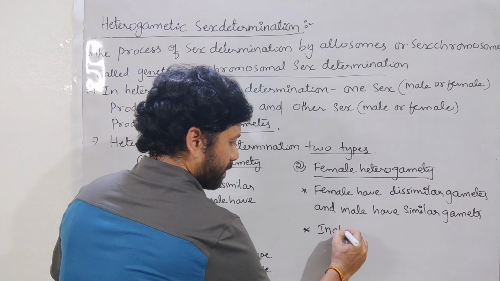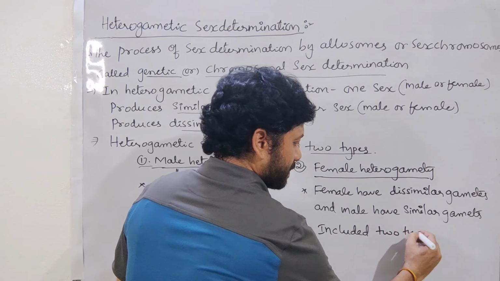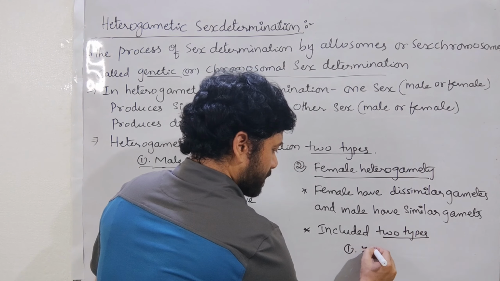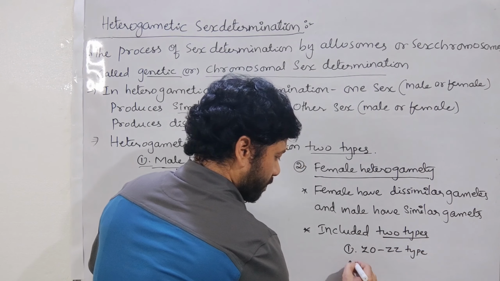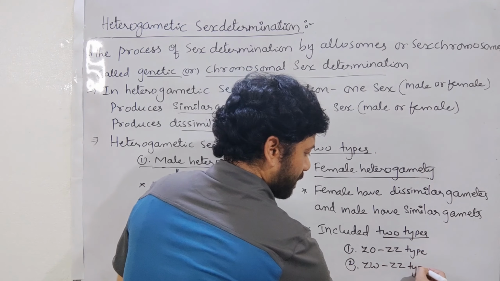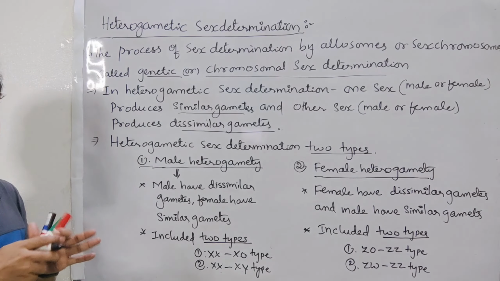Included are two types or two methods. One is ZO, ZZ type. The second one is ZW, ZZ type. So this is heterogamatic conditions.